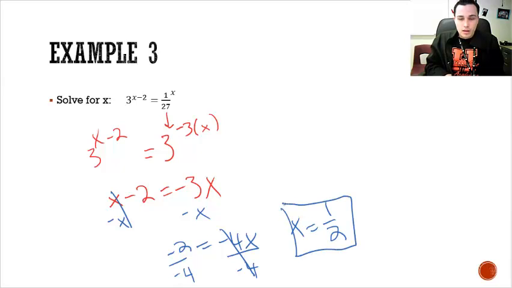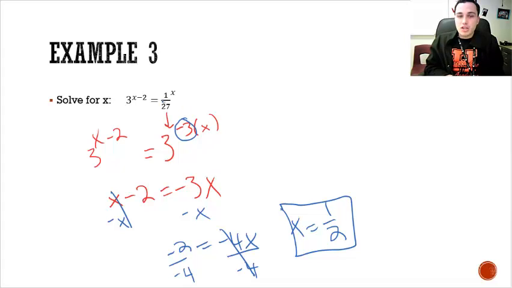Okay. So again, the main idea is you have two bases that are not the same. I need to make the bases the same. So what I'm going to look at is what power can I raise, in this case 3, to make it 1 over 27. Well, that was my negative 3 here.